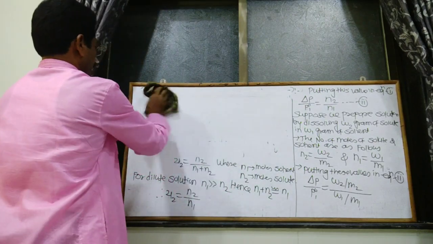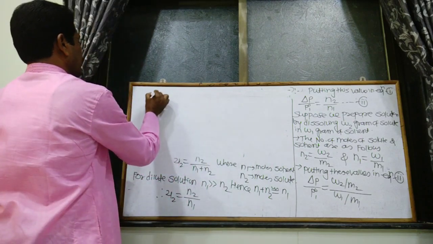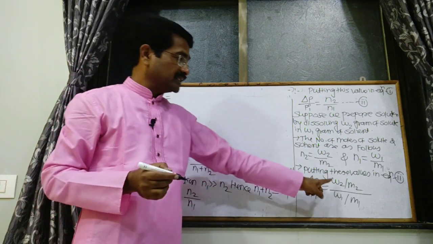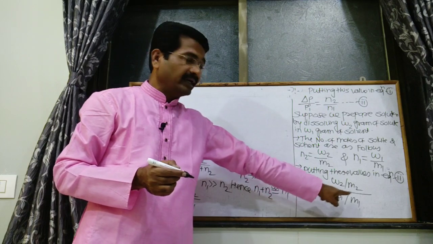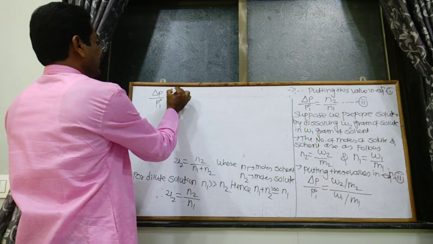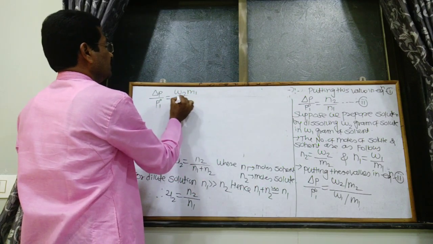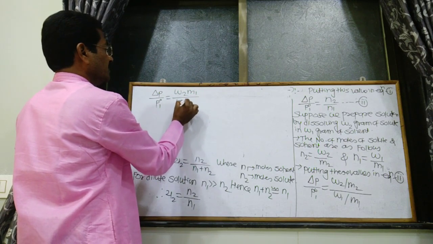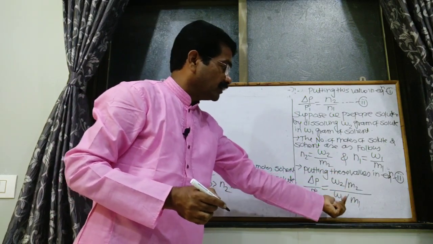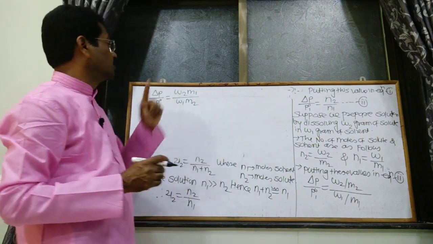So we get delta P upon P01 is equal to W2 M1 divided by W1 M2. By rearranging the equation, we get delta P.